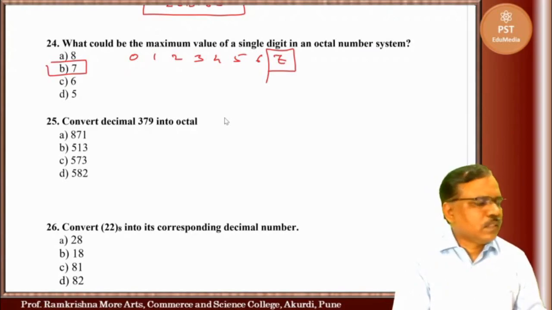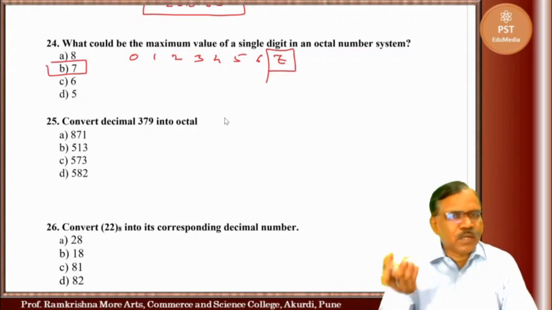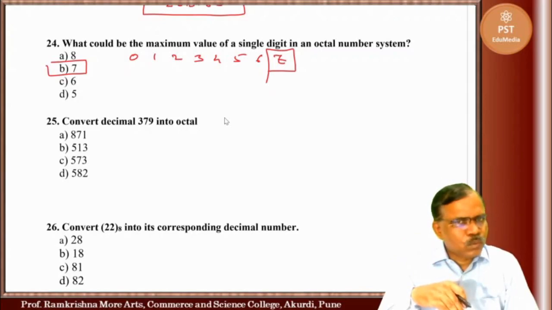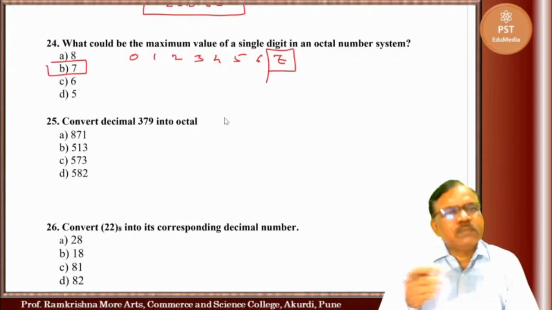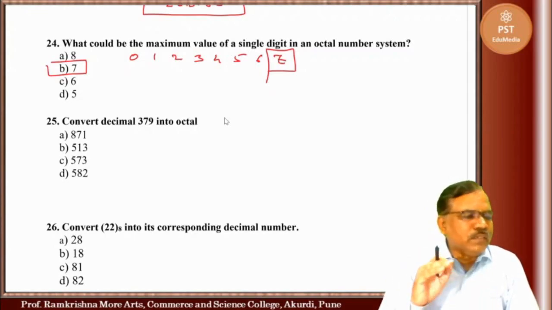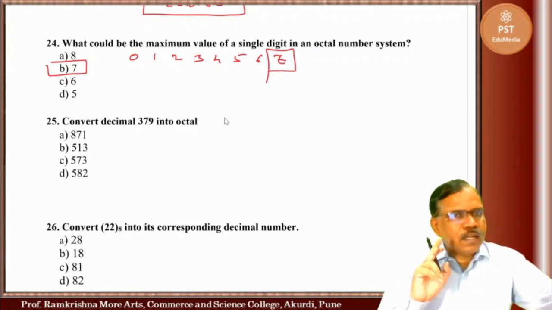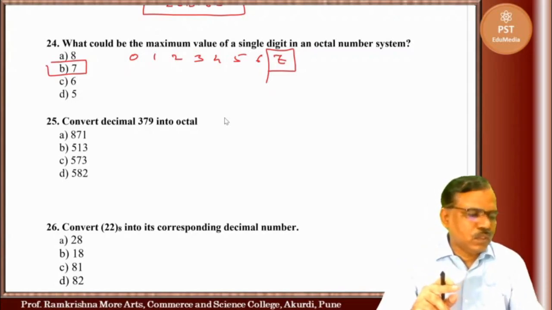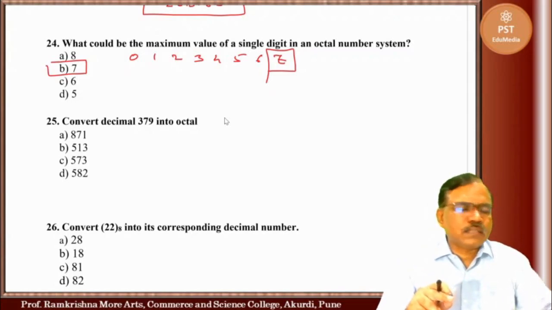Now next one, convert 379 decimal into octal. In binary we divide by 2. In hexadecimal we divide by 16. And in octal we divide by 8. So here we will start with the number.